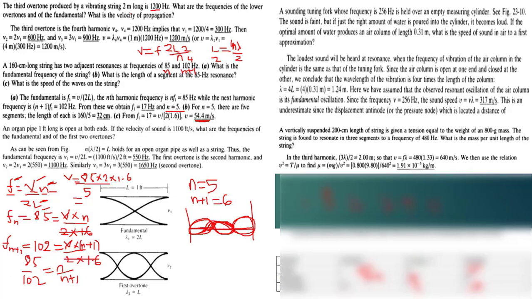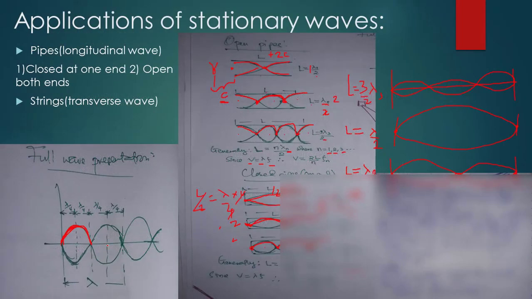So you know any segment katika string, any segment katika string is equal to half of the wavelength. Kwa sababu for any segment, hii segment ni half of the whole wave. If you remember, it's the reason I showed this.